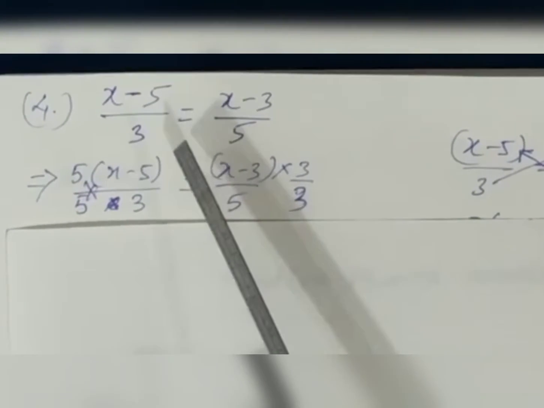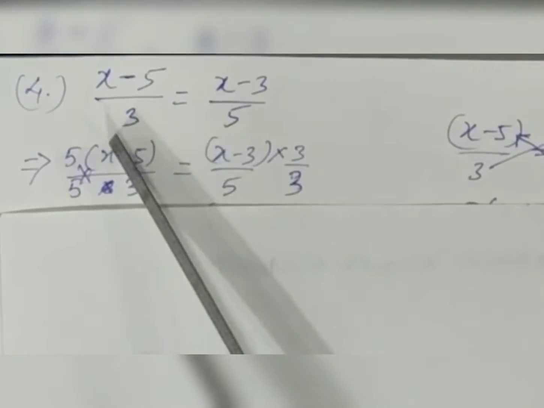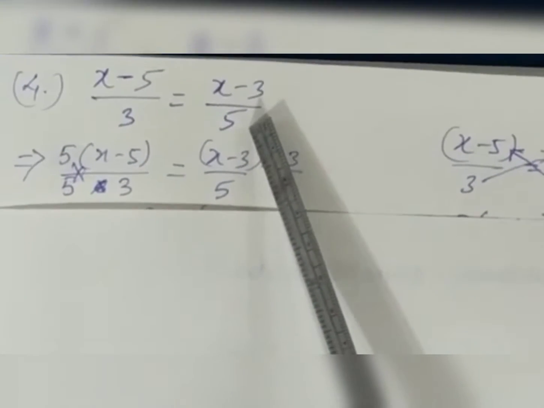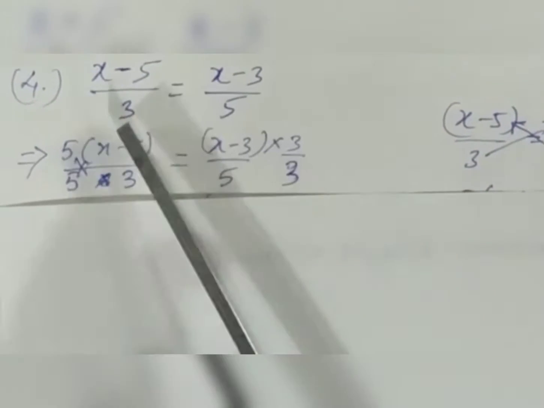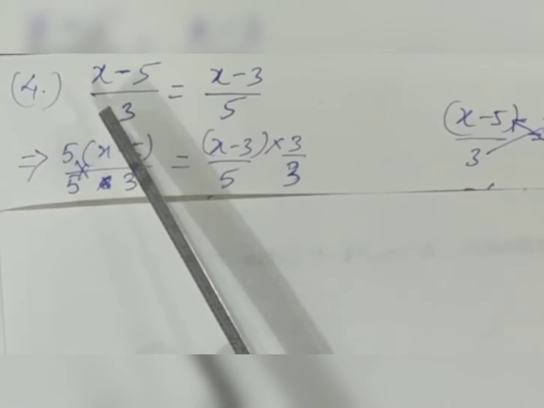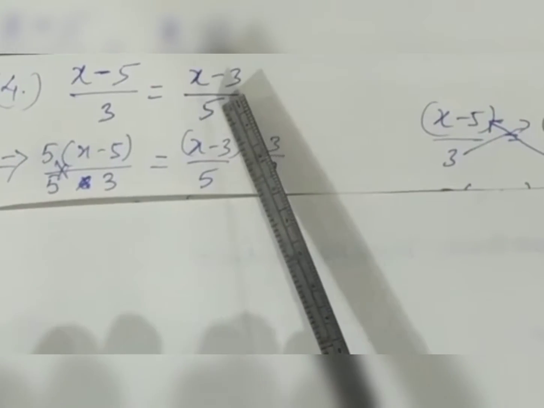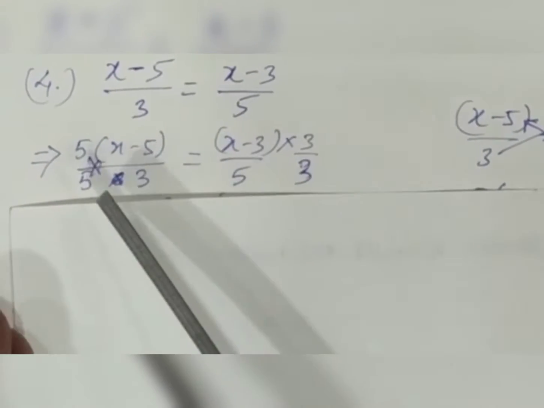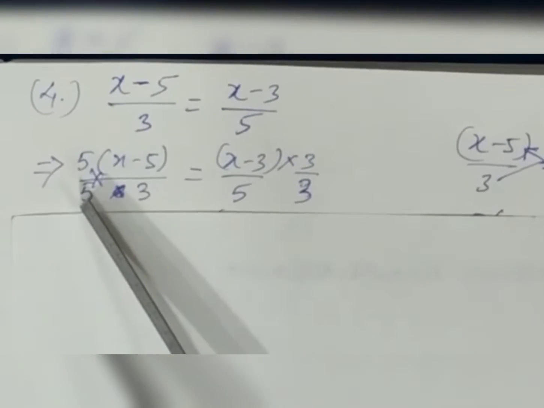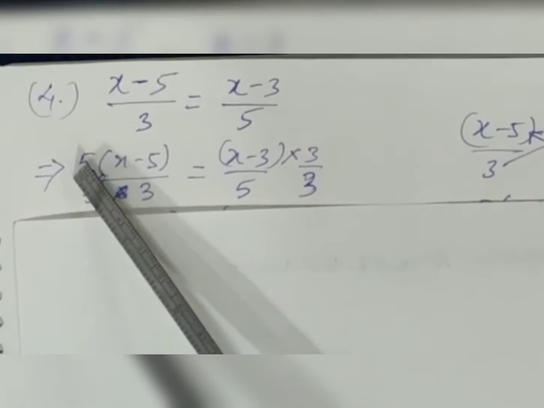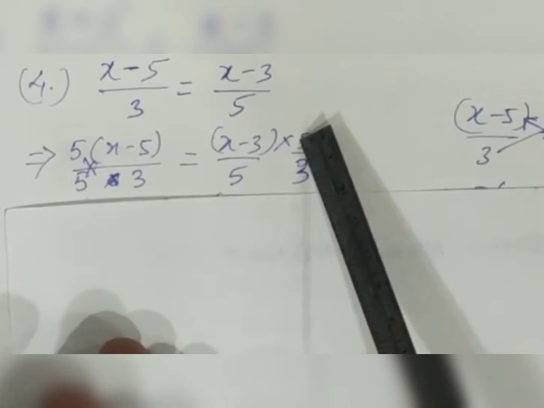Now, what will we do? The denominator on the left hand side is 3 and on the right hand side it is 5. So for making them the same, on the left hand side we multiply by 5 and on the right hand side we multiply by 3. The same is multiplied in the numerators, 5 on the left and 3 on the right.